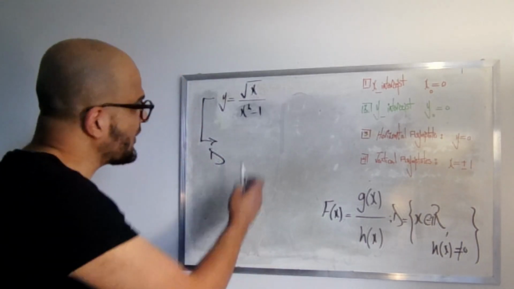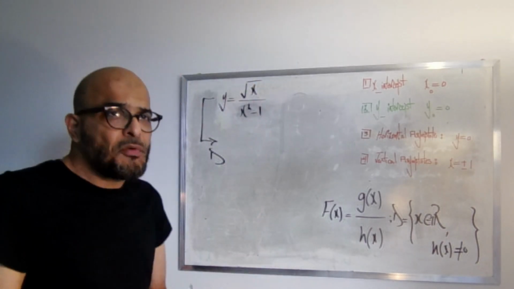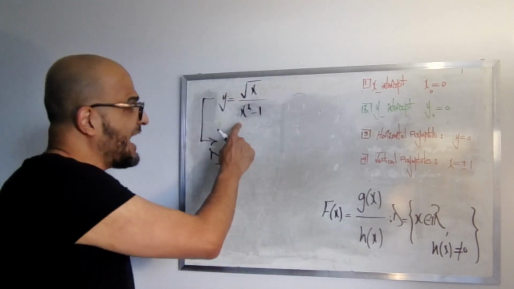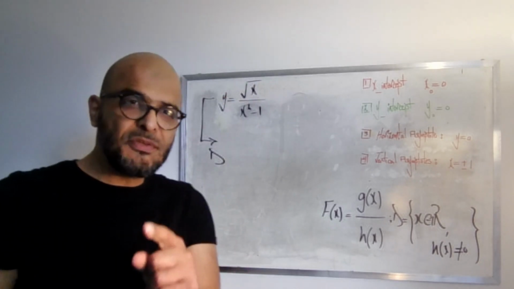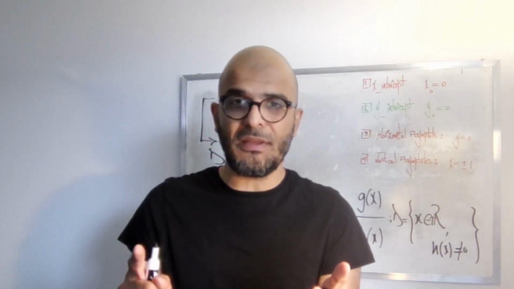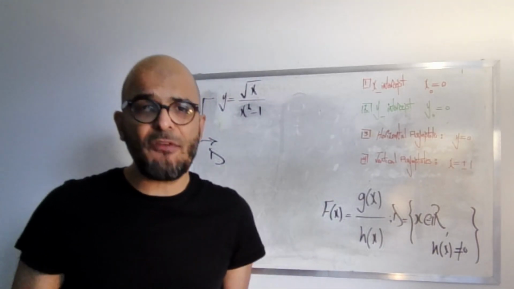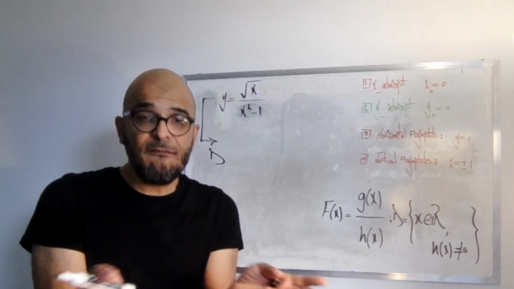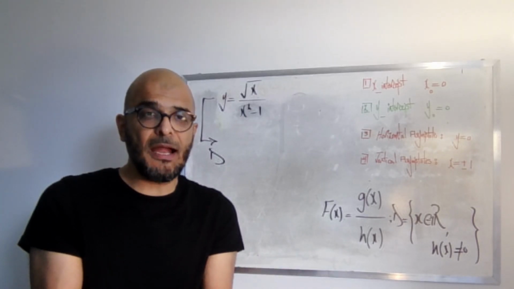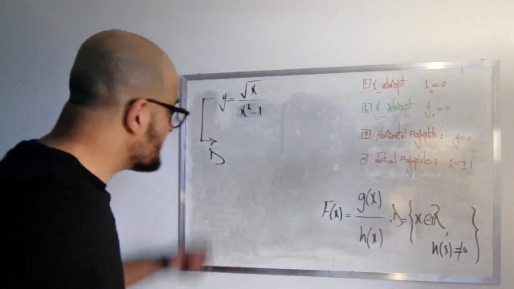Why? Because we are restricted in a sense that we cannot have our denominator approach 0 if you are working with a rational function. If you're working with a square root function, you know that you are restricted to have everything underneath the square root be positive.